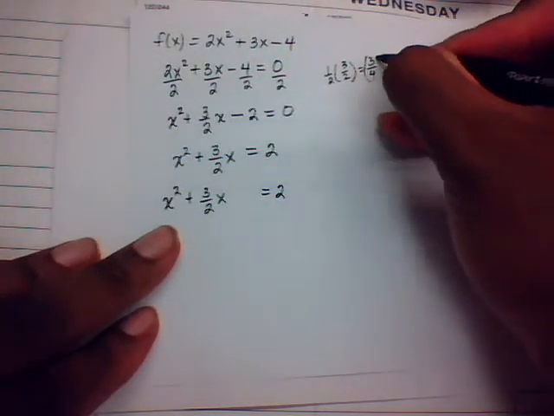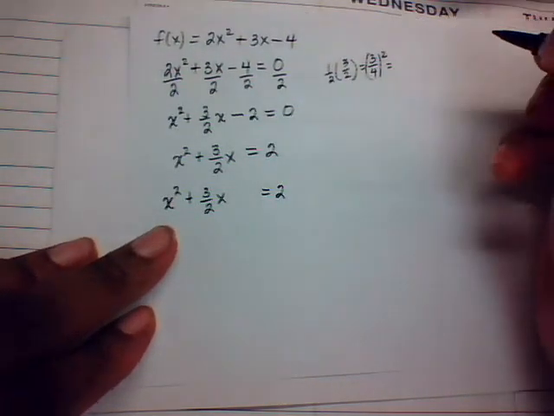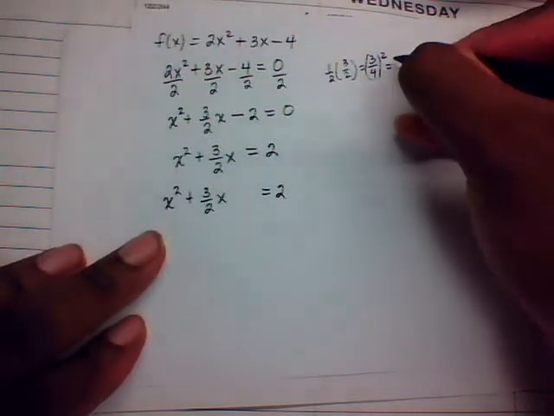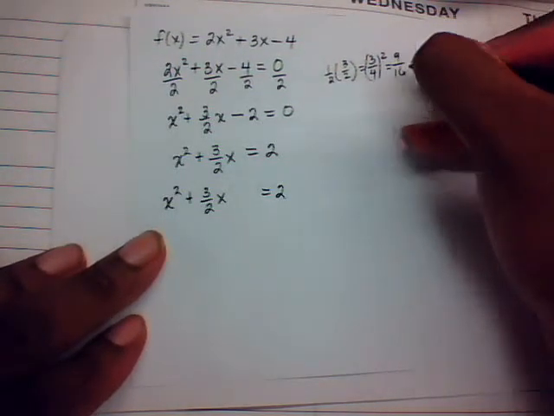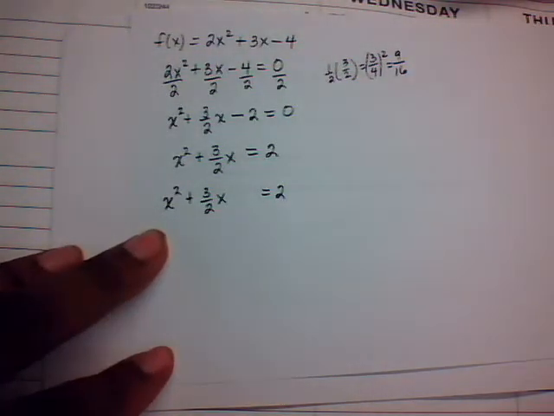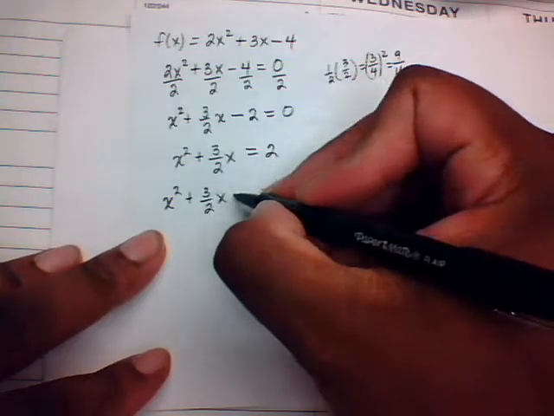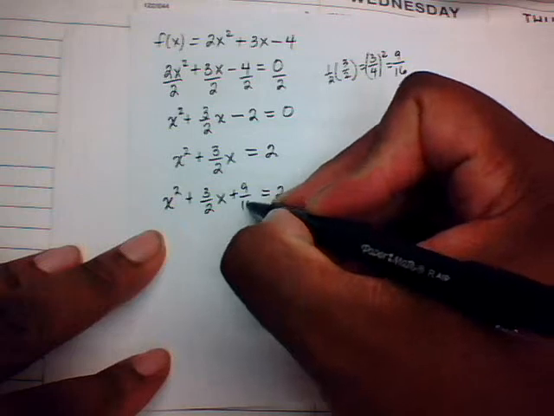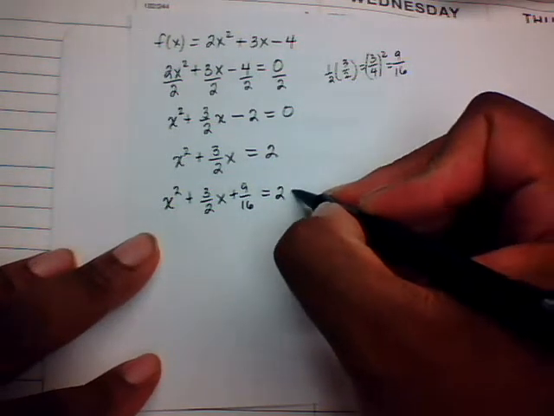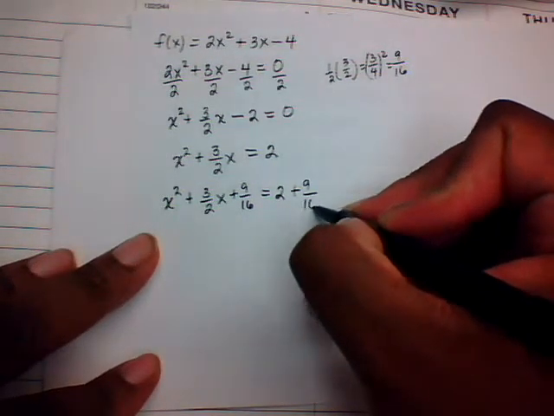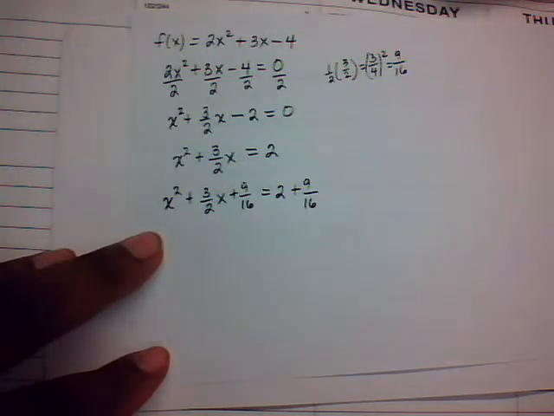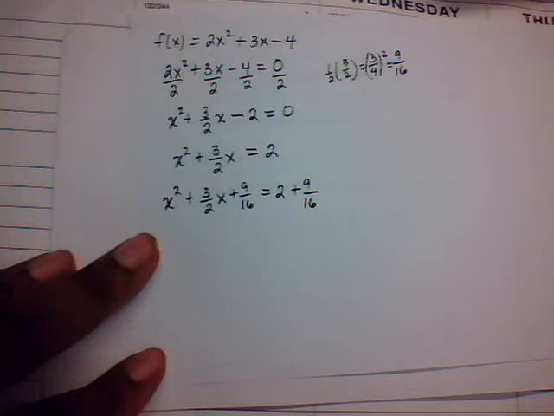And then we square the 3/4, which is 9 over 16. 3 squared is 9, 4 squared is 16. So I'm going to add 9 over 16 to this side of the equation, and I'm also going to add 9 over 16 to the other side of the equation. Remember, what you do on one side, you must do the same thing on the other side.